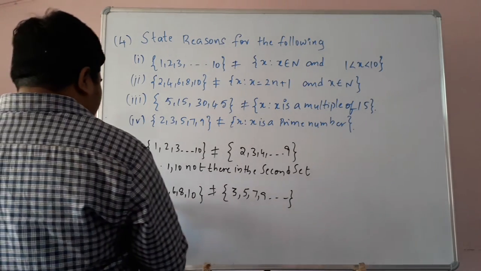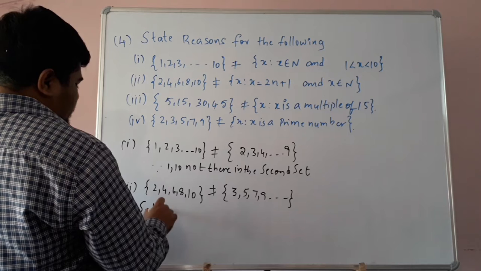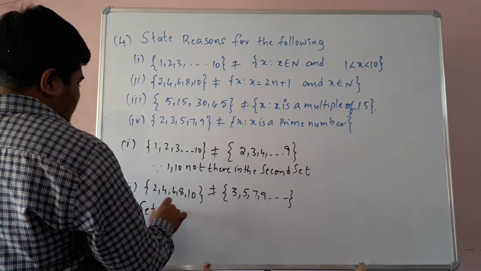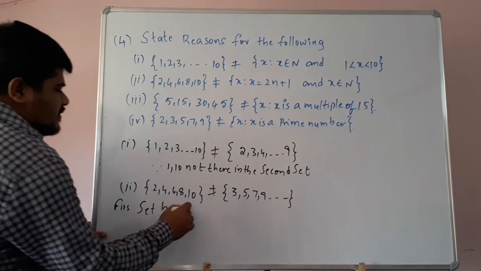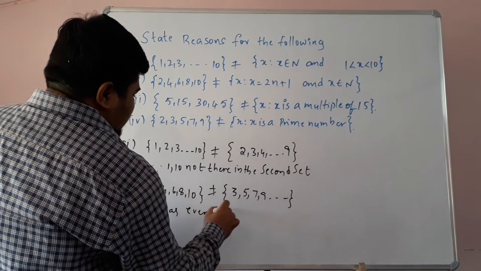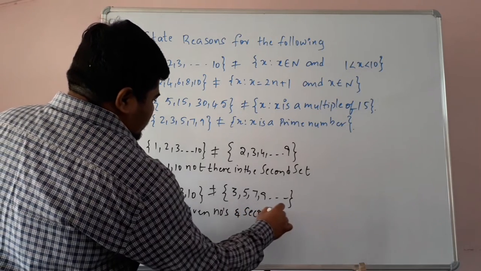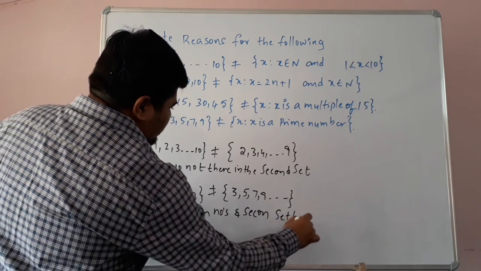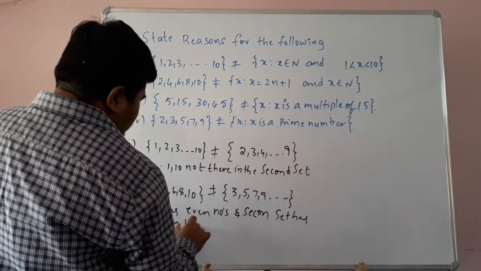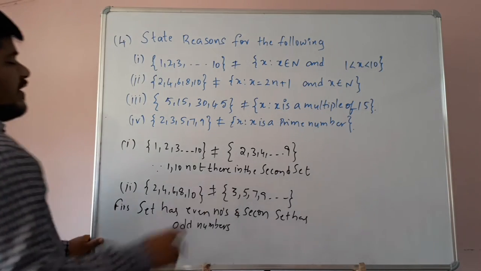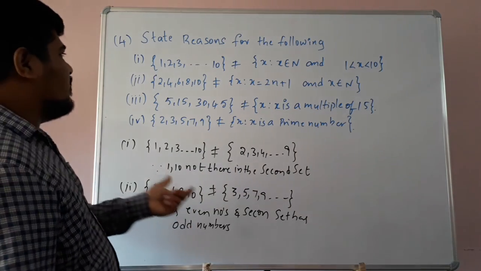So the first set has even numbers, and the second set has odd numbers. First set has limited elements, second set has infinite elements. So that's the reason these are not equal sets.